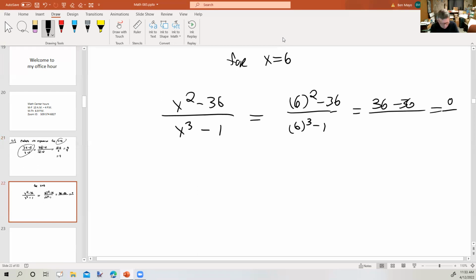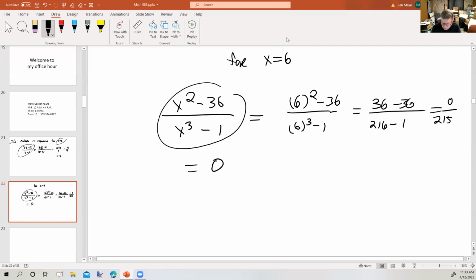Let's see, 6 cubed, I think, is 216. 6 times 6 times 6, yeah, 216. Minus 1 is 215. But what's 0 divided by anything other than 0 divided by 0? It's 0, right? So this expression evaluated when x is 6 gives us 0. Any questions about that one?